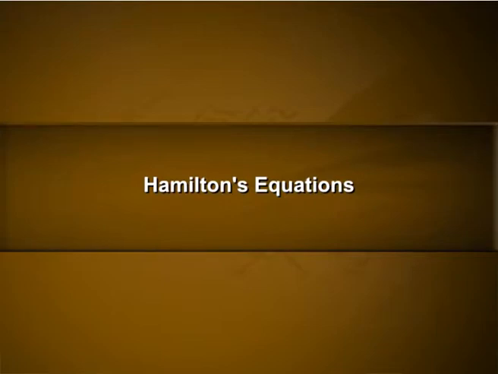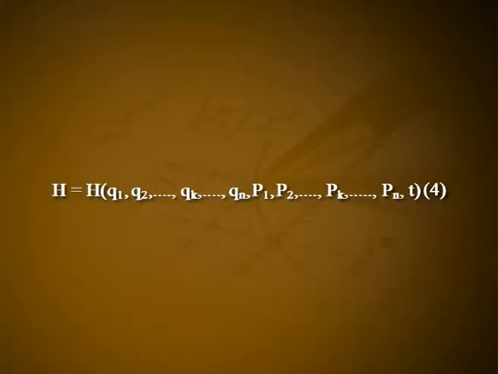Hamilton's equations. The Hamiltonian is a function of generalized coordinates qk, generalized momentum pk and time t. H = H(q1, q2, ..., qk, ..., qn, p1, p2, ..., pk, ..., pn, t).